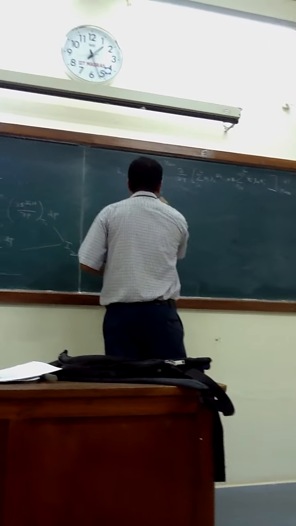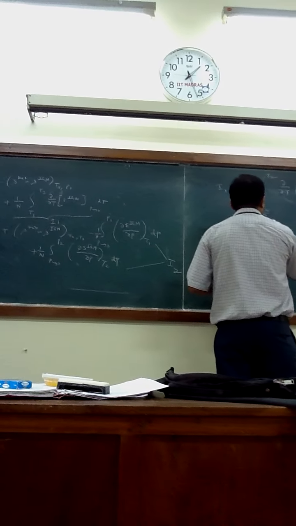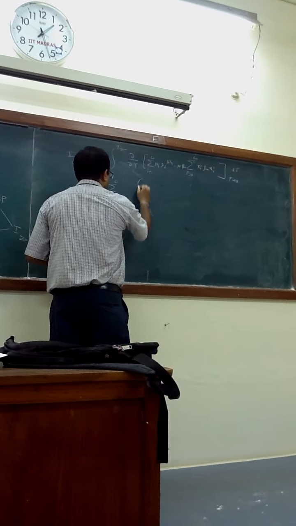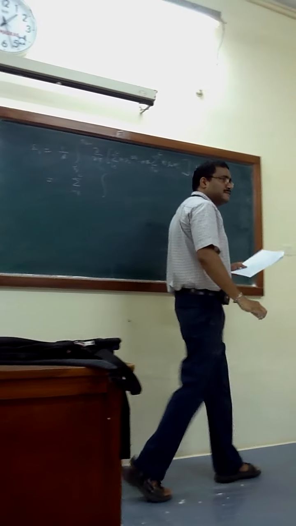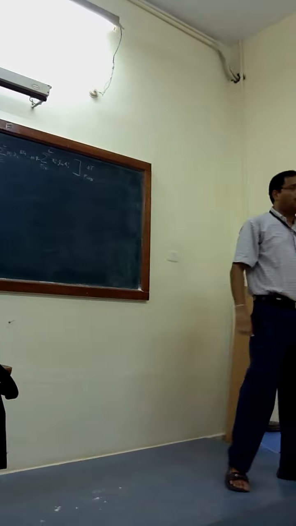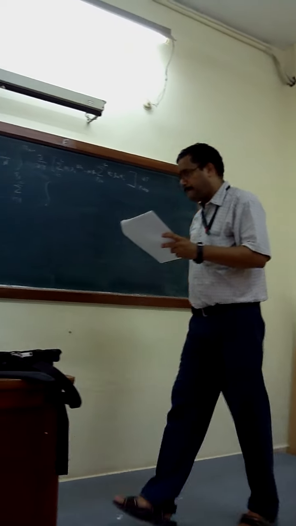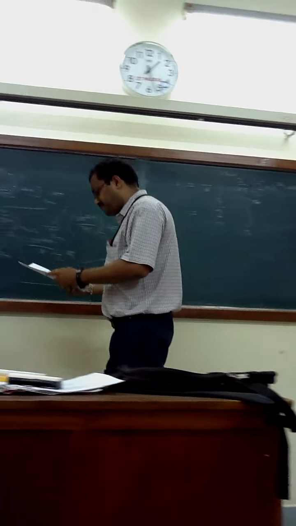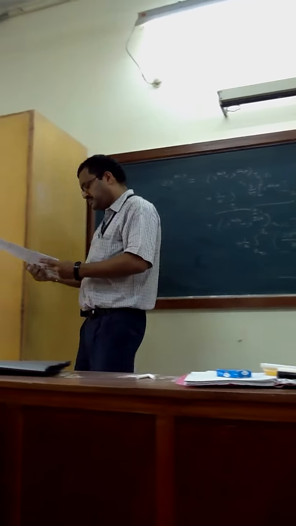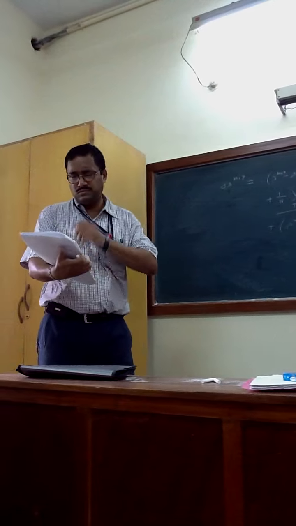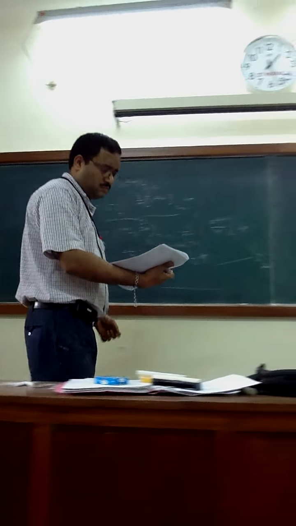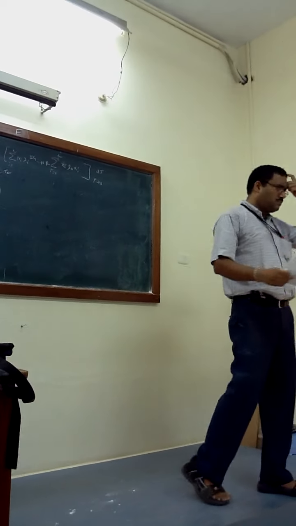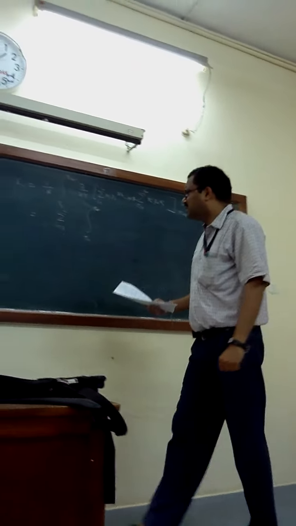Summation i equals 1 to C. Fill in the blanks. Before integral what will be there? After integral what will be there? T1 to T2.